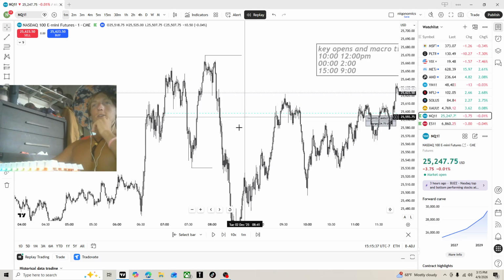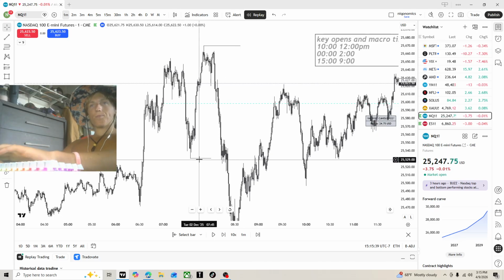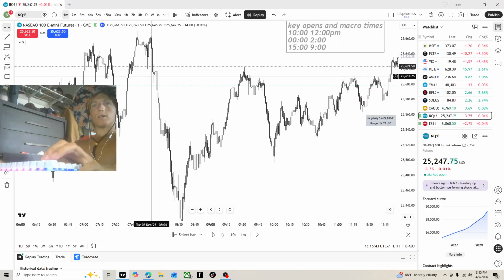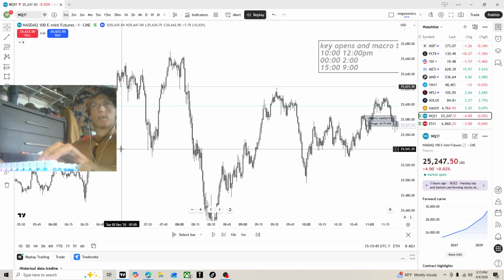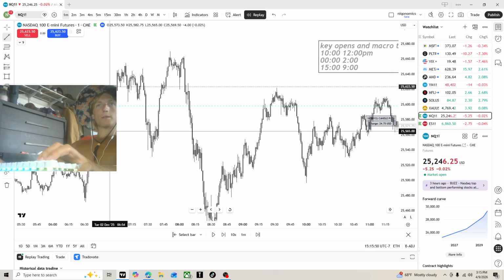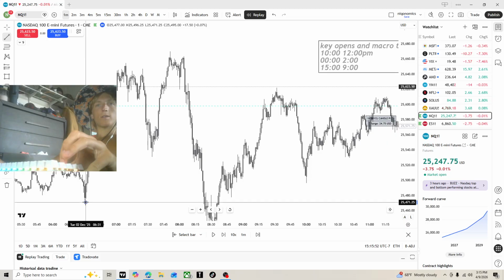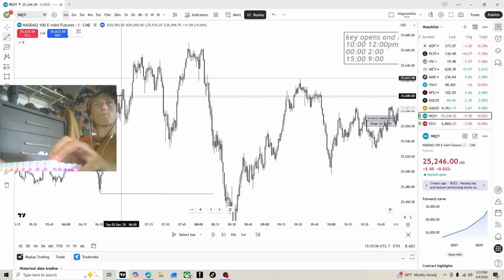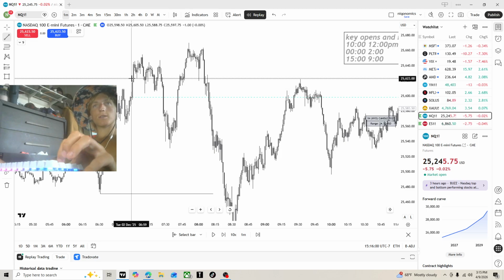So we would have got no entry right there. We just kind of ripped through it. For the 9 a.m. candle, it would have been something like this. And this.